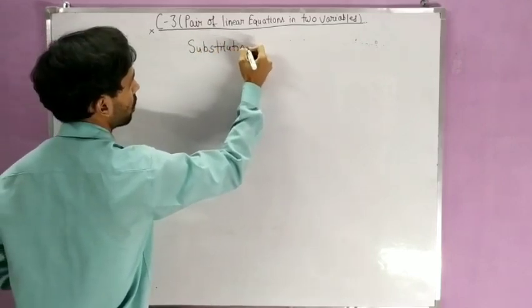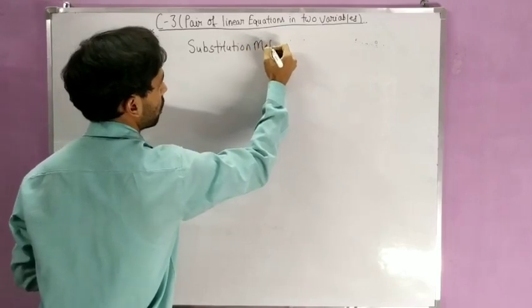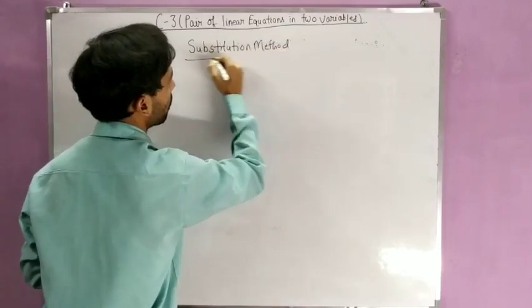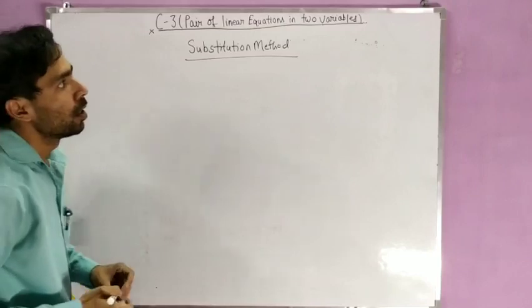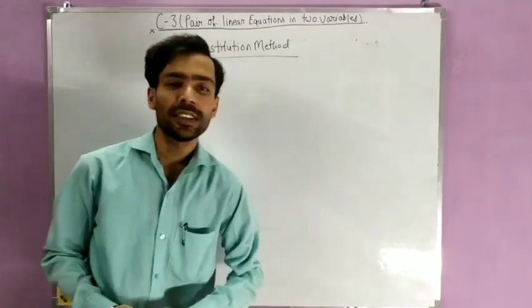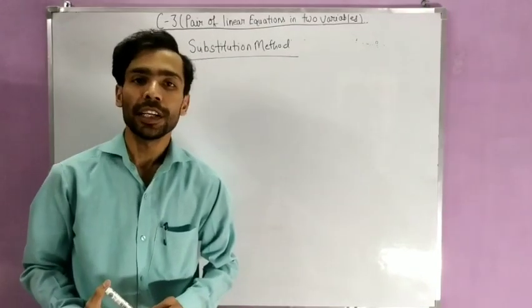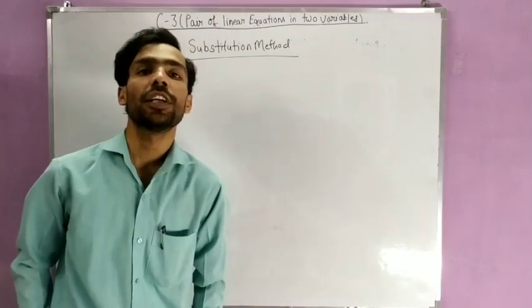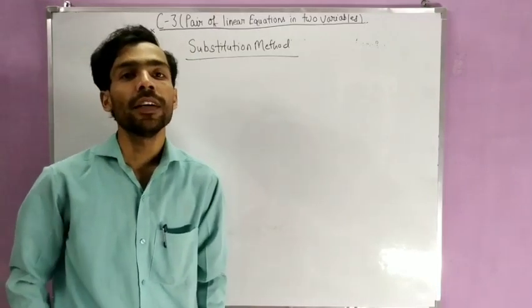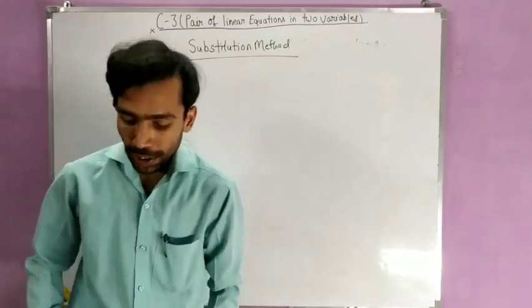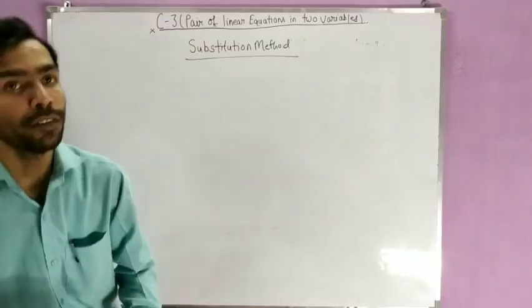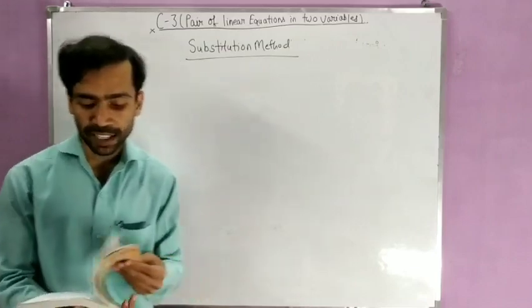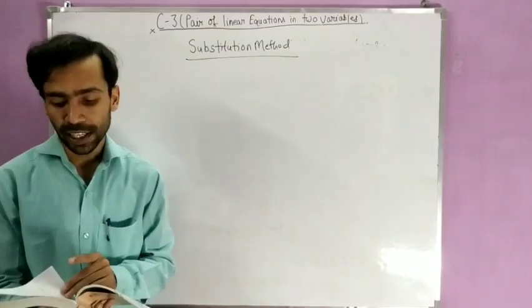Suppose in the question it is given that there is a pair of linear equations and you have to find the solution of the pair of linear equations with the help of the substitution method. So what is the method of substitution? I will explain it to you with the help of one example.